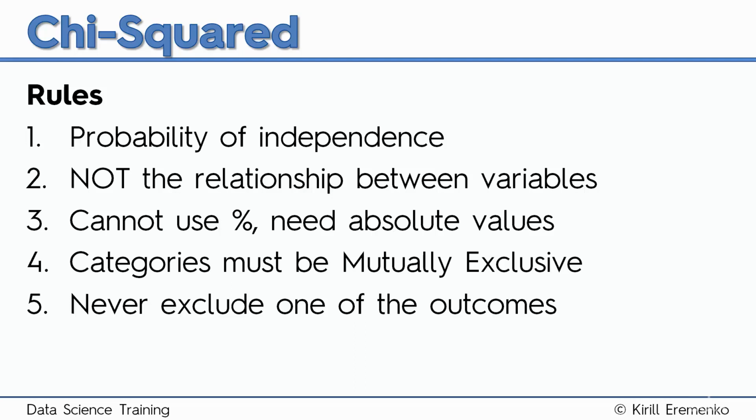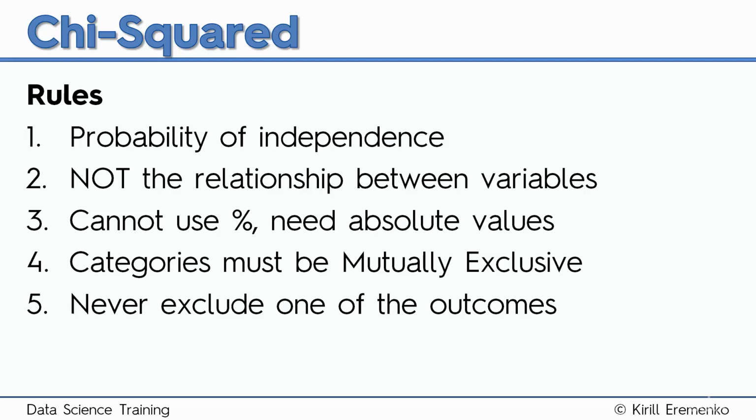So three different political preferences, right? And you can't be two of them at the same time. They're mutually exclusive because you can only vote for one. And at the same time, there's three of them. So what this rule is saying is that if you have three or more outcomes, you should never exclude one of them.